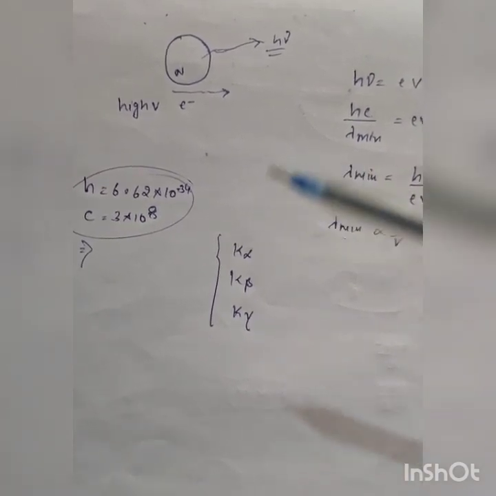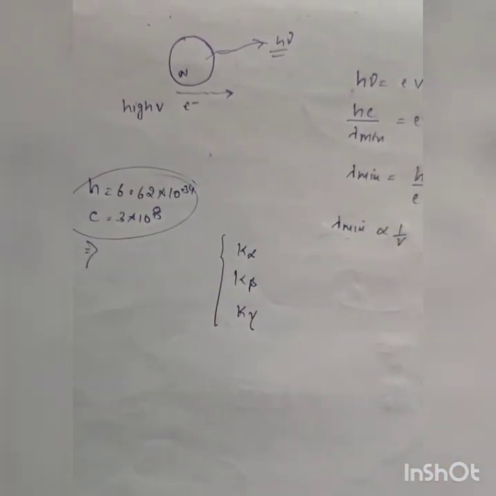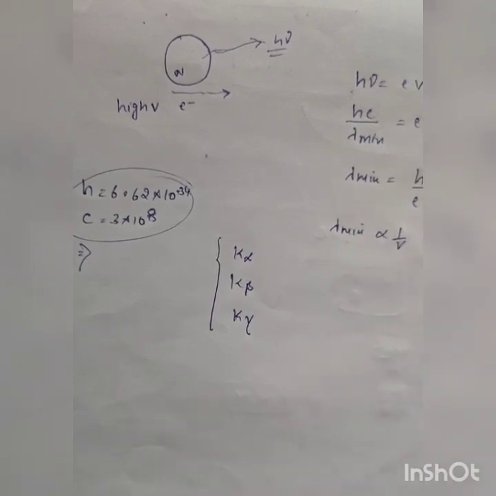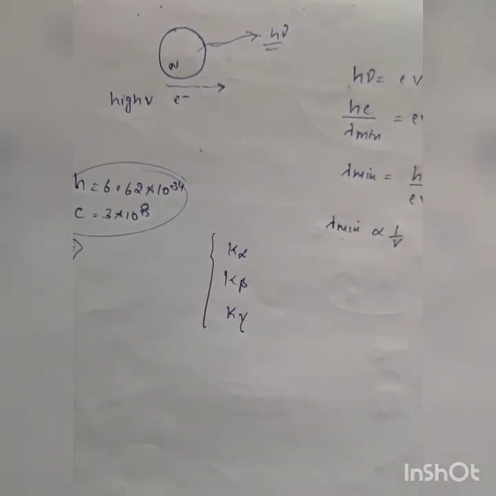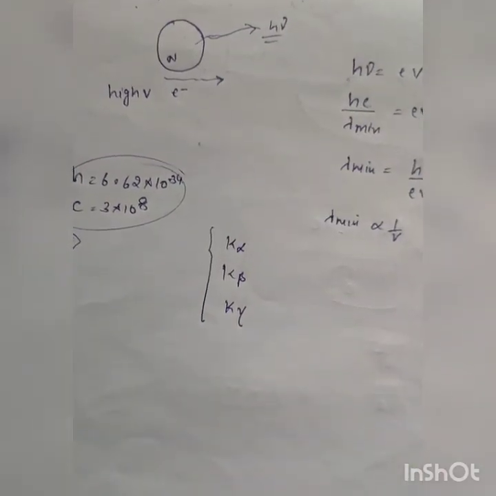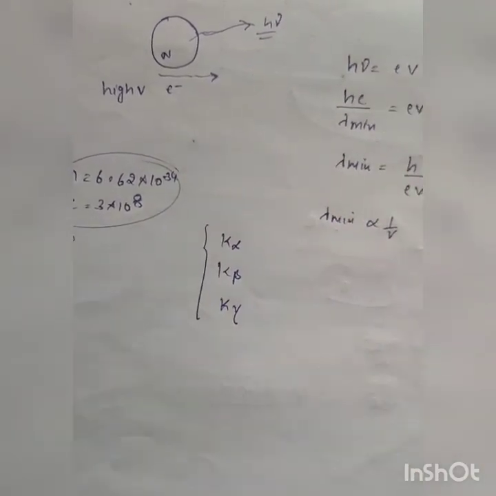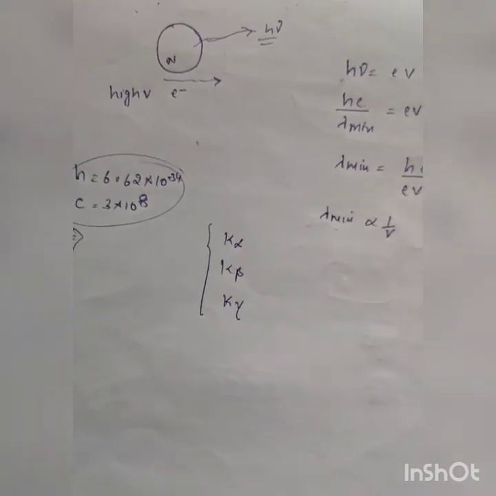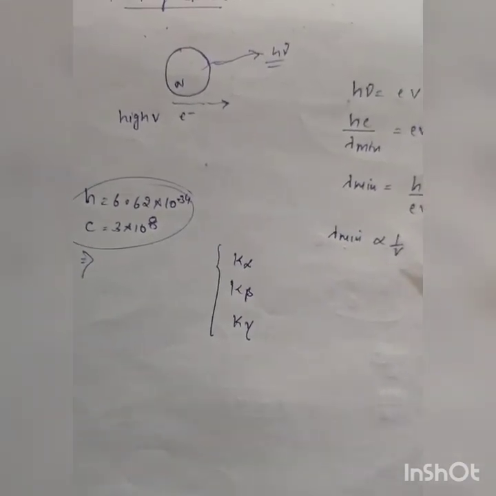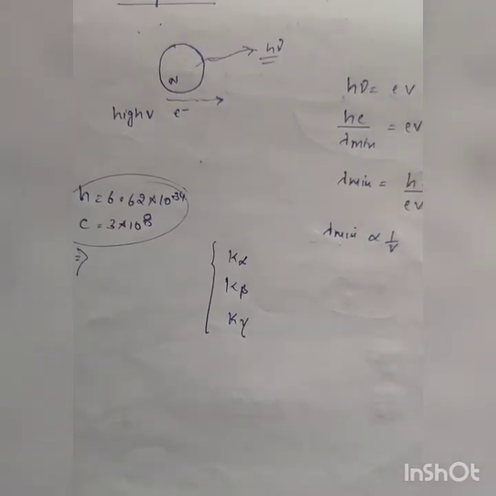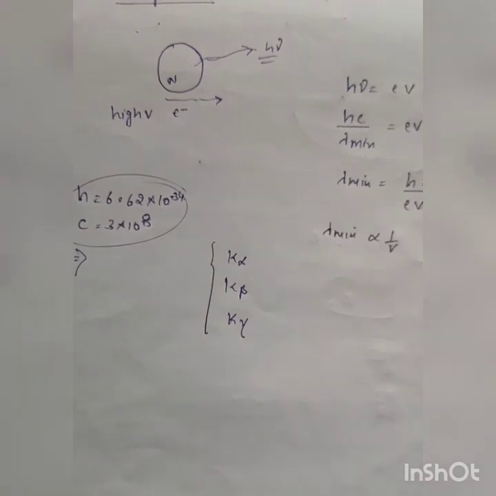Since the electrons suffer all sorts of collision, right from glancing collision to direct hit, they emit varying radiations. The closer the electron comes to the nucleus, the more is the energy loss, and hence the smaller the wavelength of the radiation.